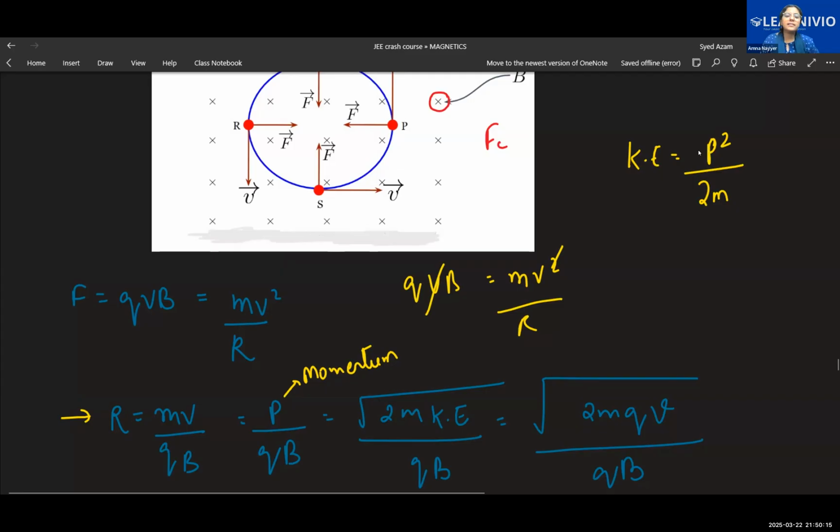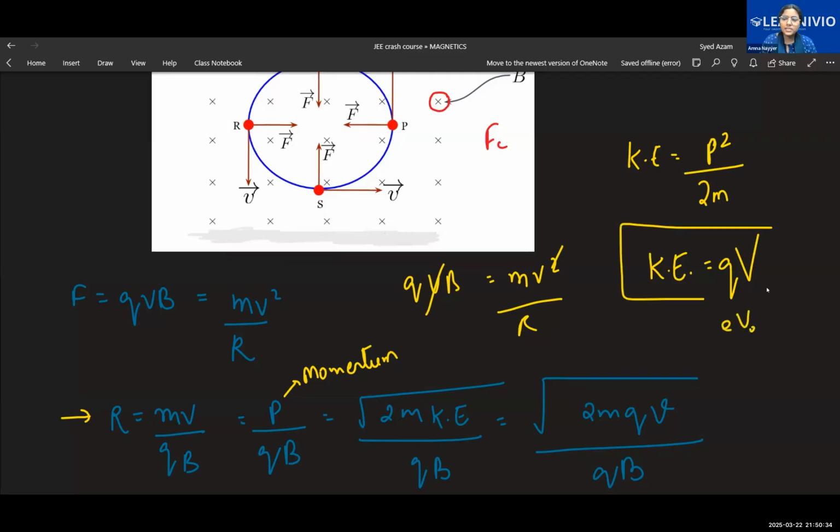So from here, we have replaced the value of momentum and we are getting under root 2m KE divided by qB. Also, through your modern physics, you must have heard kinetic energy is charge into the stopping potential, eV naught, many a times we see for the stopping potential also. So from this formula, we can replace kinetic energy further with under root 2m qV by qB. So maximum, these are the things that can come.